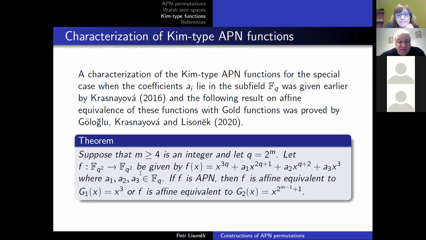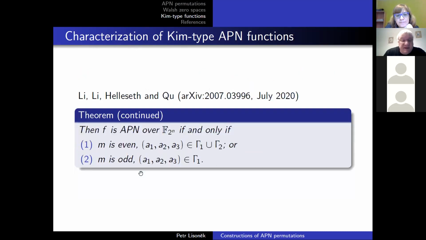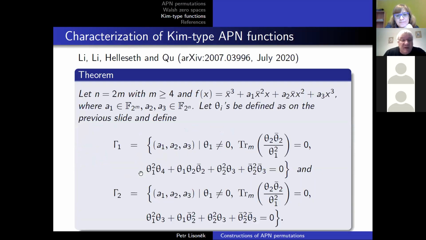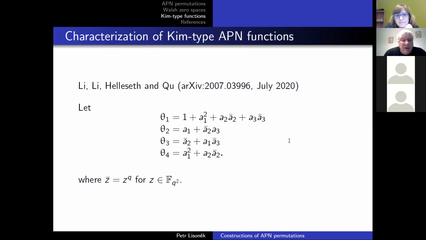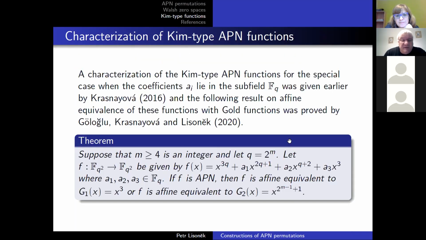So this is even dimension, and the function is defined as a mapping from F_{q^2} to F_{q^2}, or from 2m to 2m. Originally we had a result when the coefficients were in the subfield F_q, and in that case we showed that if the function is APN, it must be affine equivalent to the Gold function. So there's nothing new there.